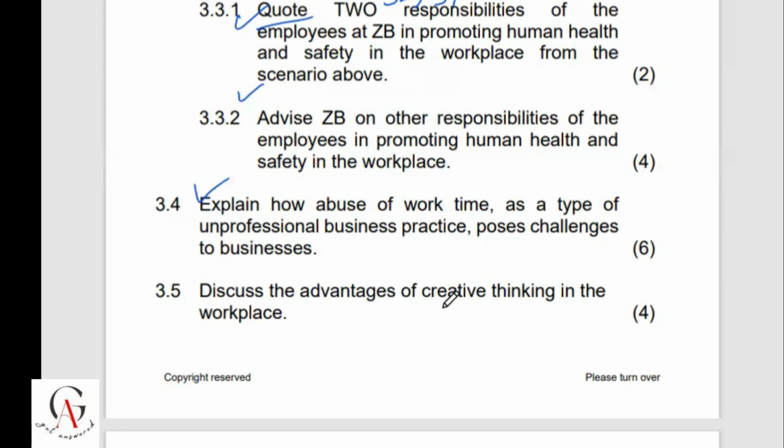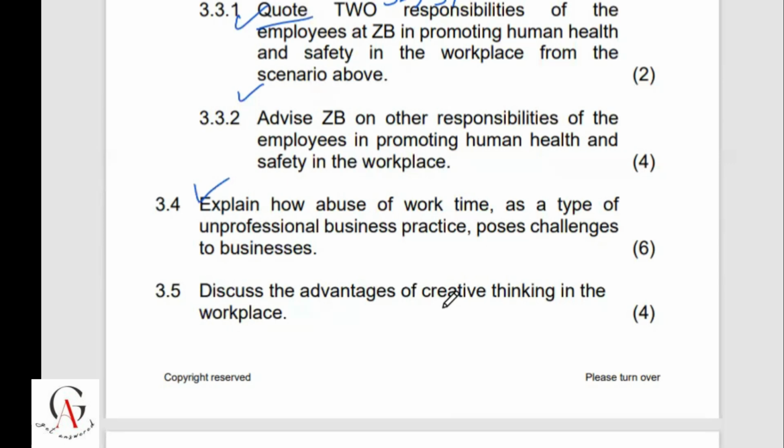Abuse of work time could result in losing customers or not meeting the deadlines as workers. So now also wasting time costs the business money and affects productivity. So it means that effective customer services may not be rendered, resulting in a negative image of the business.